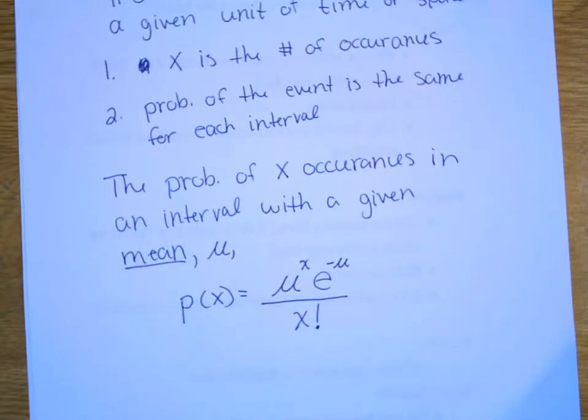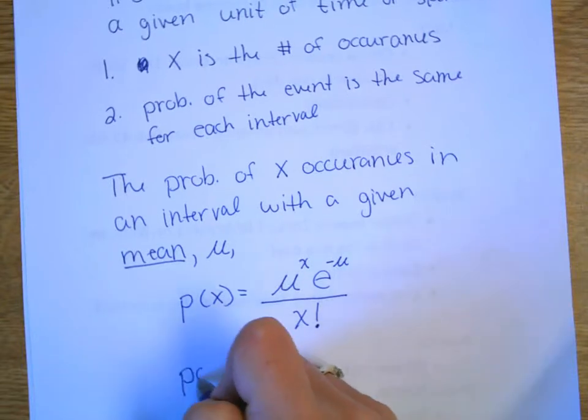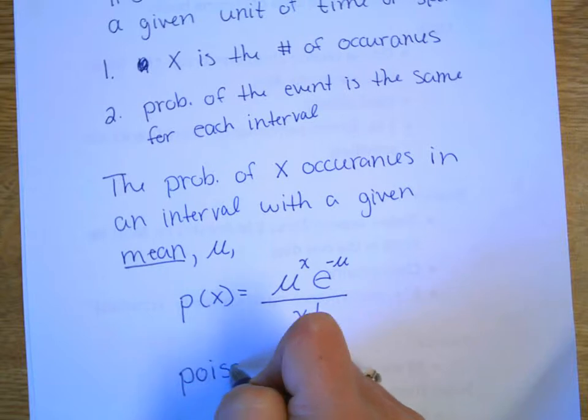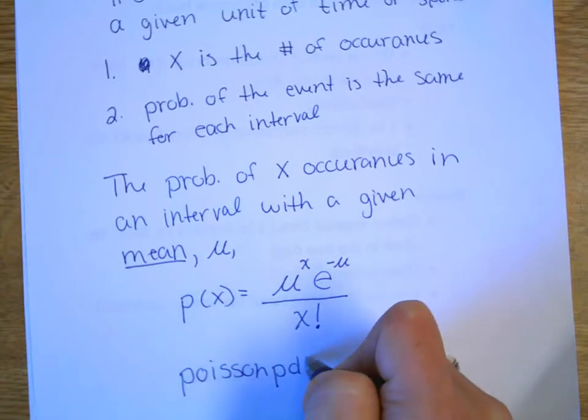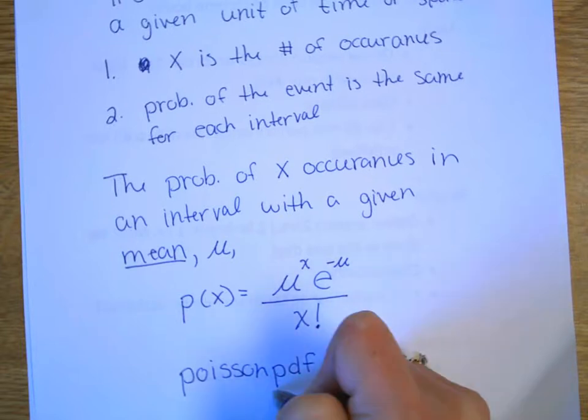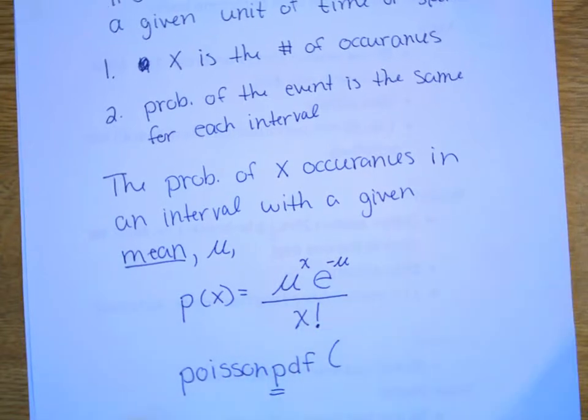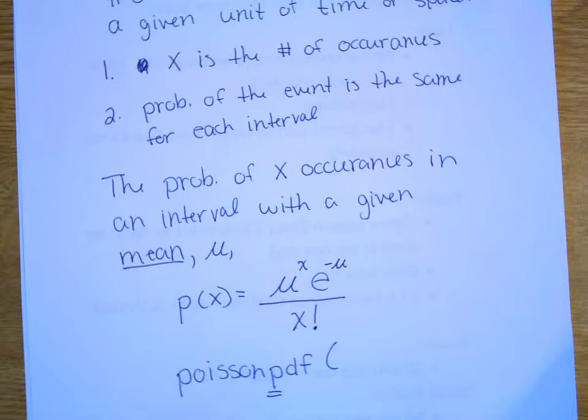Okay, where is it on the calculator? Built right in: Poisson PDF. If you take a look, there are 2 variables there, the mean and the x.